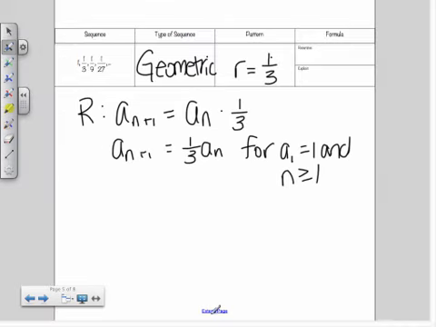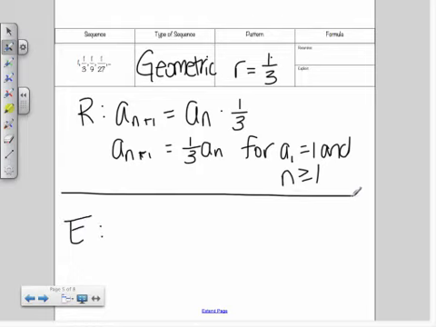All right, now let's figure out our explicit formula. So our explicit formula is going to be a sub n equals a sub 1, which is 1.